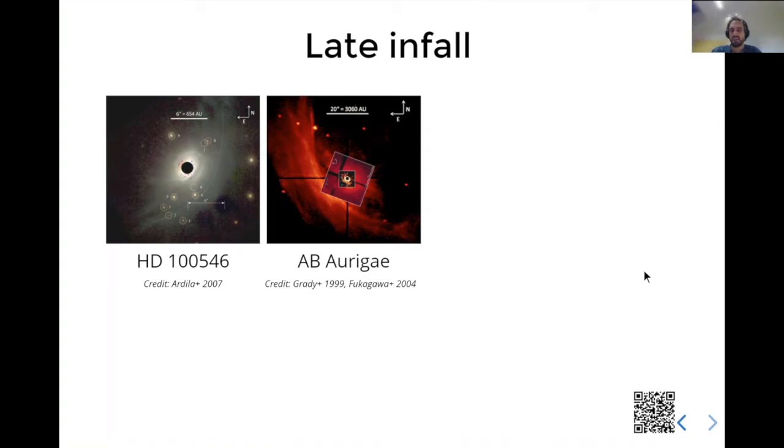These are Herbig stars that are presumably a few million years old, and nevertheless, even though they are relatively old, they have these dense structures around them, envelope tail-like structures on scales of thousands of AU.